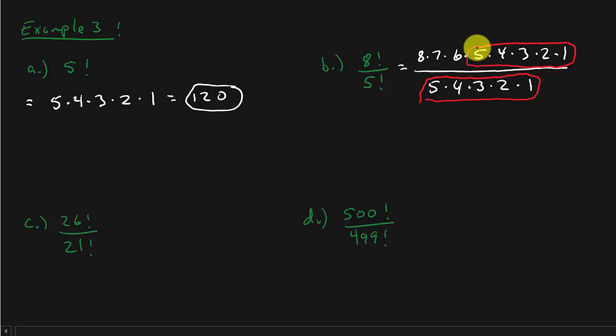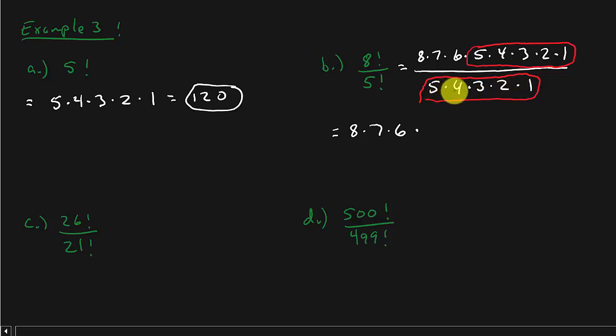And you might be thinking, yeah, well, I just cancel them all out. Yeah, that's fine and everything. But what I want to do is rewrite this a little. I want to write another step in there. So this is actually what? 8 times 7 times 6 times, and look at this. See how both of these, they're 5 times 4 times 3 times 2 times 1. Well, what is that?